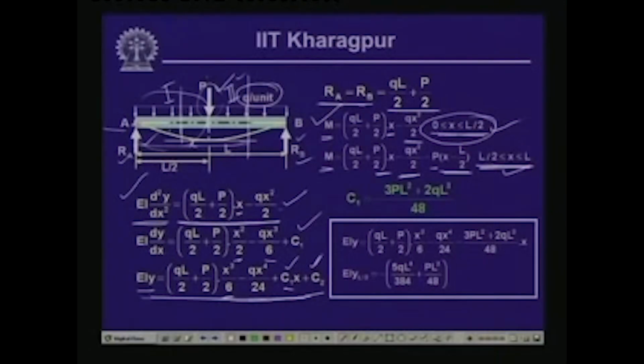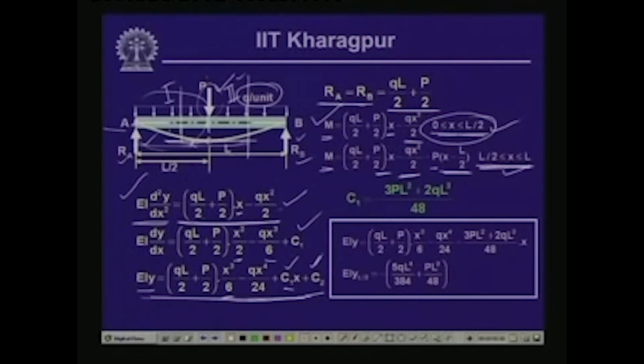Now, since we are using only the first segment, we should impose the boundary conditions which are valid within that first segment. At x equals 0, that means at this particular support, the deflection is 0. Also, if we draw the elastic curve as we expect, this being a beam subjected to symmetrical loading, the tangent to the elastic curve at the halfway point becomes horizontal.